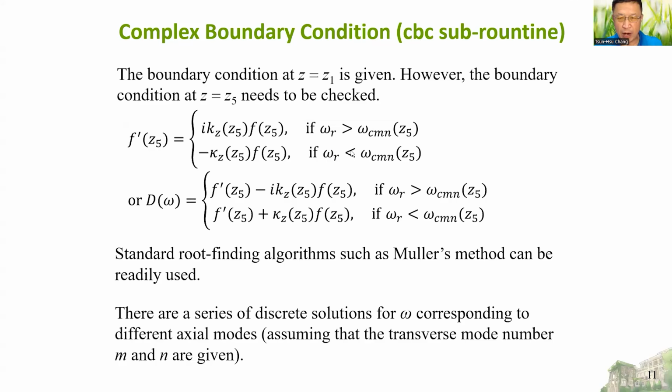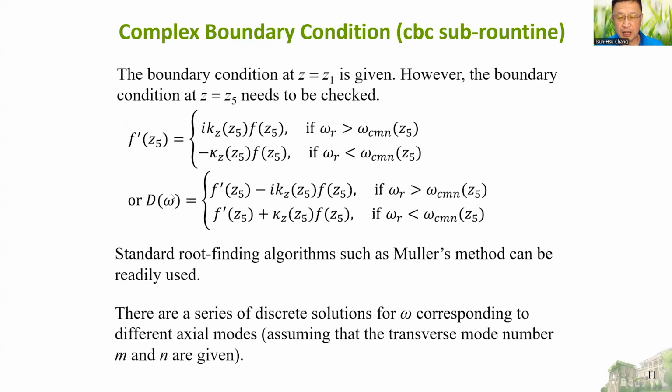At the right-hand side, actually, we have two equations, above cutoff and below cutoff. For the current structure, it's above the cutoff. So we use this one. And we can move to the left.